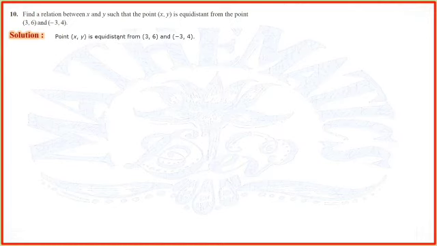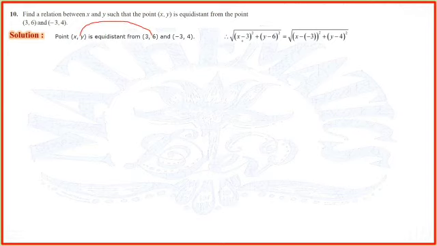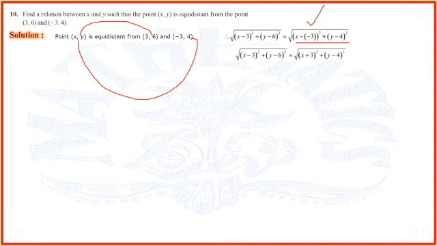Point (x, y) is equidistant from (3, 6) and (minus 3, 4). So first of all, the distance between (x, y) and (3, 6) is the square root of x minus 3 whole square plus y minus 6 whole square, and this is also equal to the distance between (x, y) and (minus 3, 4), that is x minus minus 3 and y minus 4.